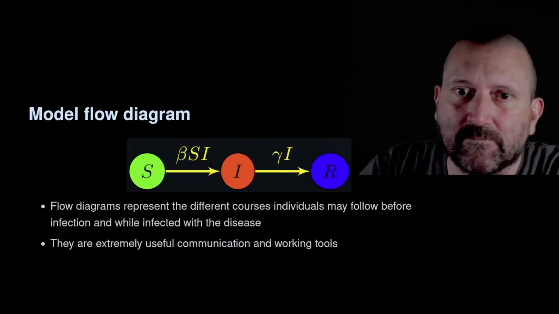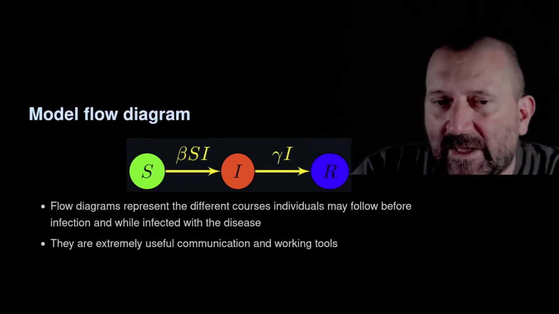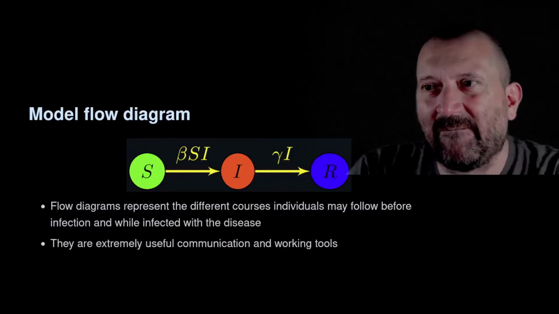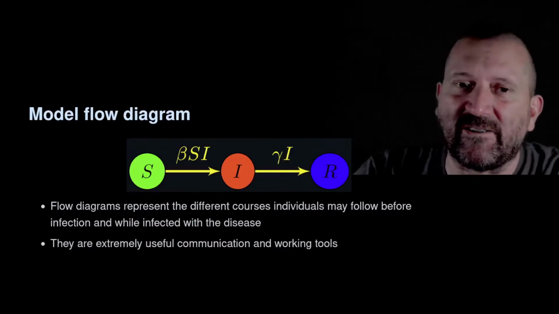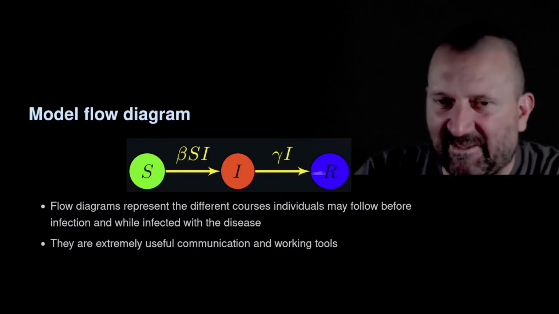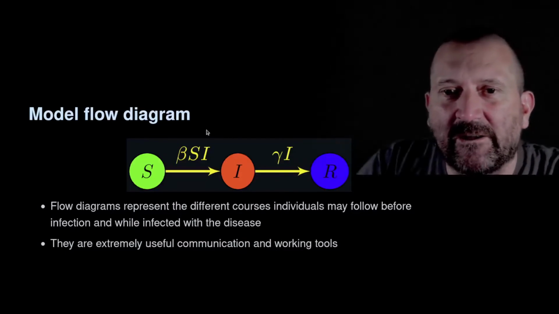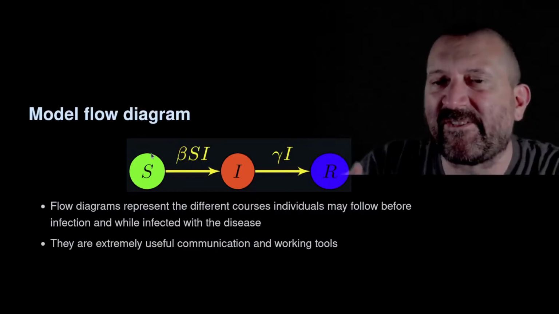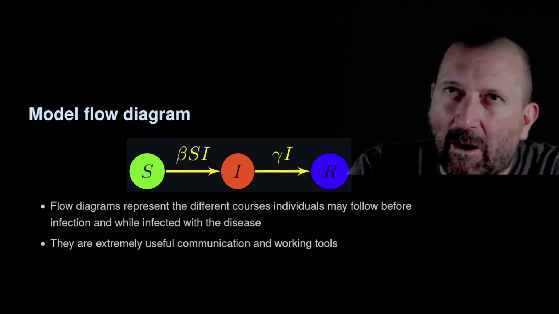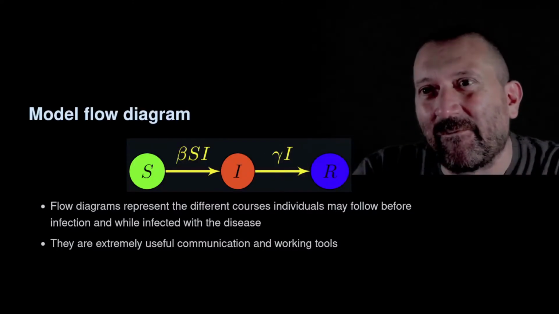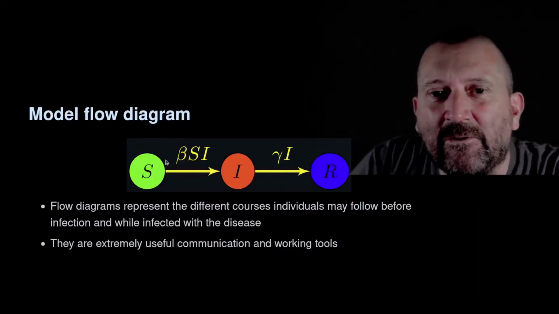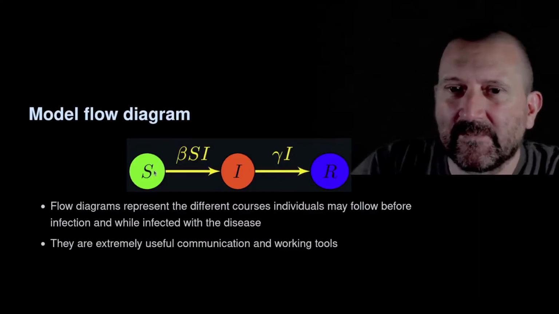Okay. And so what we have is what's called a flow diagram that allows us to summarize this information that I was just explaining. So a flow diagram just represents the potential trajectories for each individual in the population. So essentially, you can start susceptible.